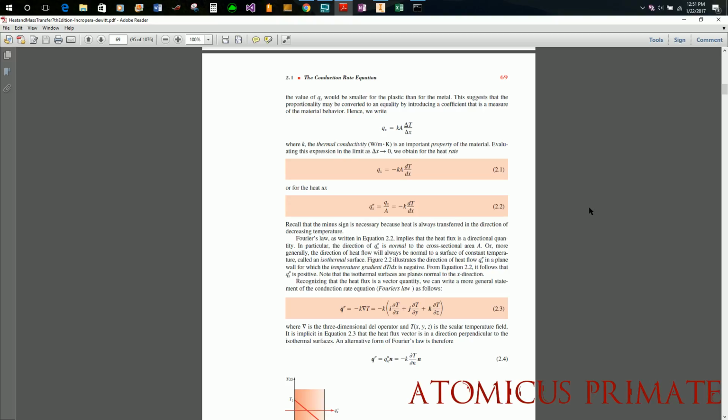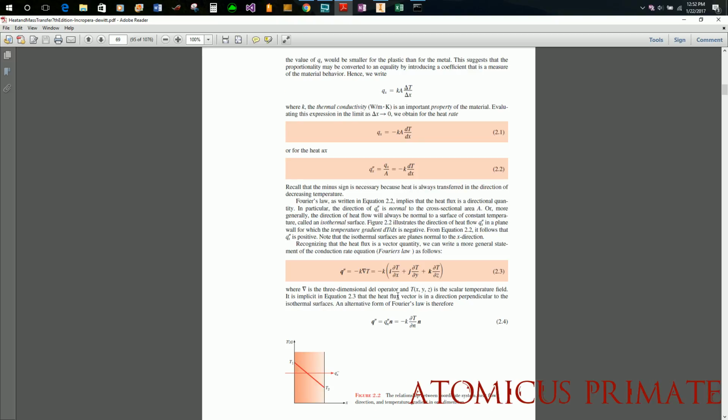Recognizing that the heat flux is a vector quantity, we can write a more general statement of the conduction rate equation, Fourier's law, as follows. Q double prime, bold, that's a vector, equals negative k times the gradient, nabla T. The gradient is the direction of maximum increase, which is the partial of T with respect to x, y, and z, times the unit vectors i, j, and k, all of that times negative k.